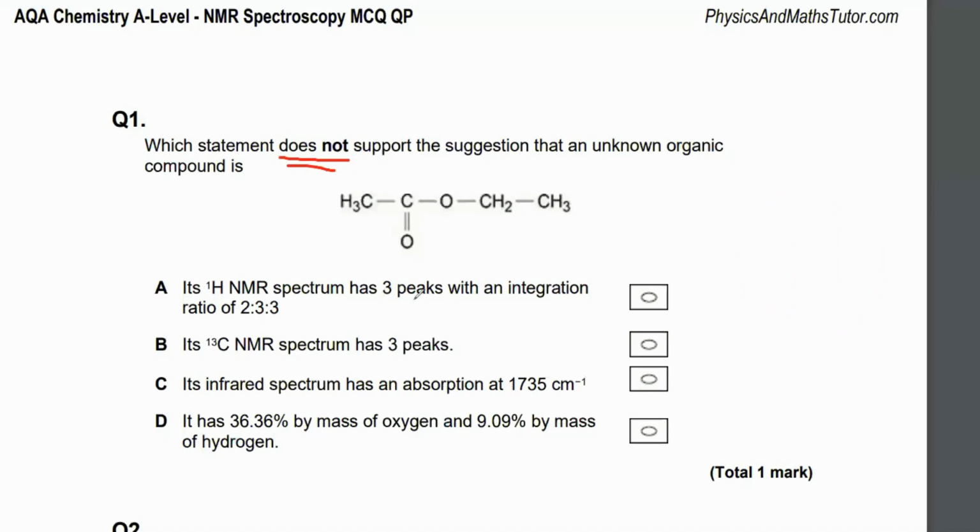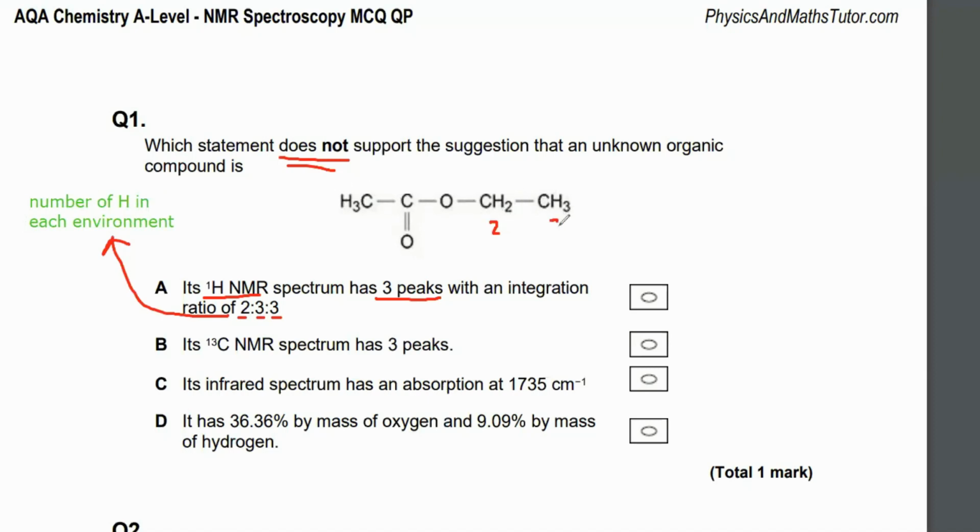Right, let's go. So let's check out A. Does this support or not support this compound? Well, A says it has an integration trace of 2:3:3. Now, the integration trace tells us the ratio of hydrogens in each environment. And we can see here nice and clearly that we have a ratio of 3 to 3.